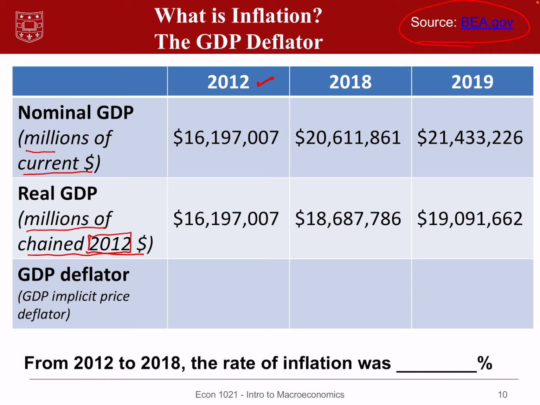So what is the GDP deflator? Again, it's nominal GDP divided by real GDP multiplied by 100. And so trivially, this is 100. So how does this chaining work? Again, in the textbook, there's a description of this, but it's not unlike what we just did.